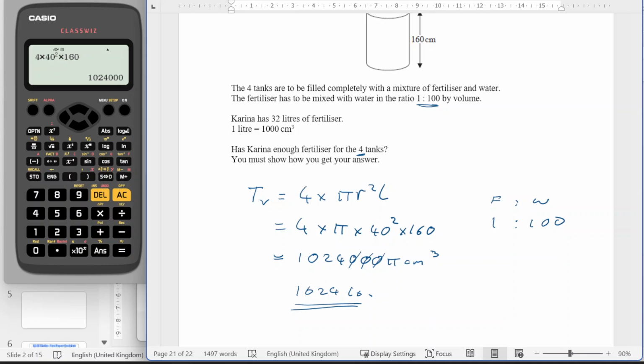Just rereading the question. So the 4 tanks are to be completely filled with a mixture of fertilizer and water. The fertilizer has to be mixed in a ratio of 1 to 100 by volume. Karina has 32 liters of fertilizer. Okay, so I am going to go this way with this.